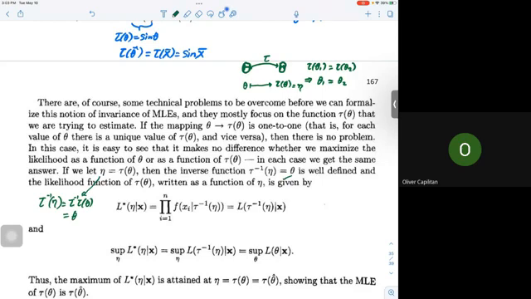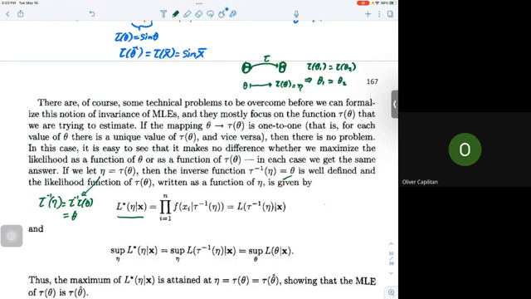And if we're going to determine the likelihood function of the function of our parameter, tau of theta, written as a function of eta because we equate eta to be equal to tau of theta, it's given by this. We use L star, a function of eta, so we have L star of eta given our sample.